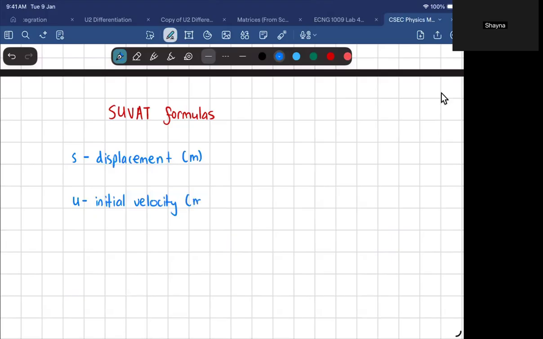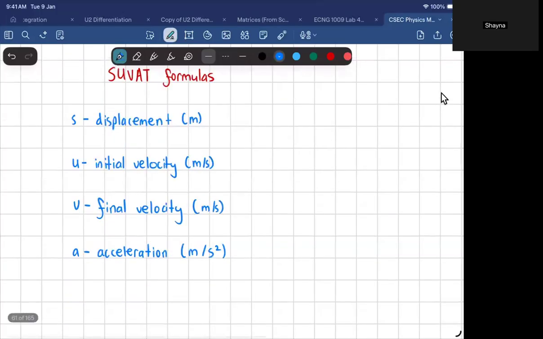Meters per second. What does V stand for? Final velocity. And we measure that in meters per second as well. What is A? Acceleration. What do we measure acceleration in? Meters per second squared. And T? Time, measured in seconds.